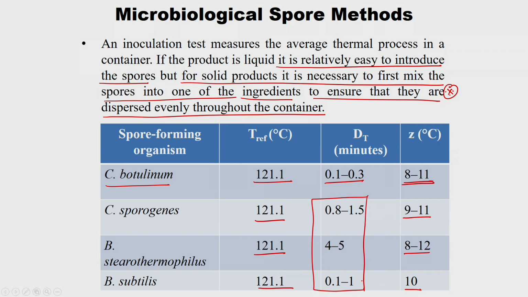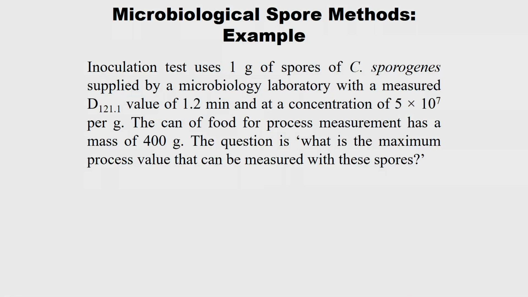That means they still survive after the thermal processing. By this you can determine the log reduction value, which is equivalent to the most heat resistant pathogenic bacteria, C. botulinum. So, this is one small example.